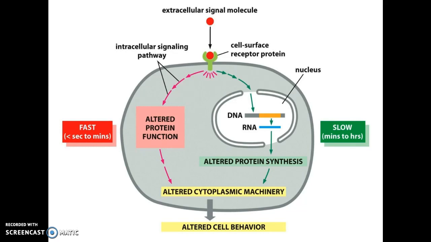And then if it takes weeks, like in the case of serotonin reuptake inhibitors, they don't have action for like 3, 4, 5 weeks. Then you're talking about wholesale restructuring of tissue, and that's going to take longer. So signaling can be really rapid, or signaling can be slow and delayed.